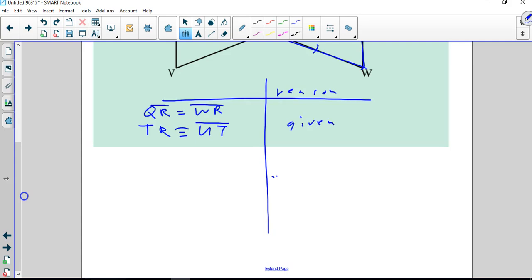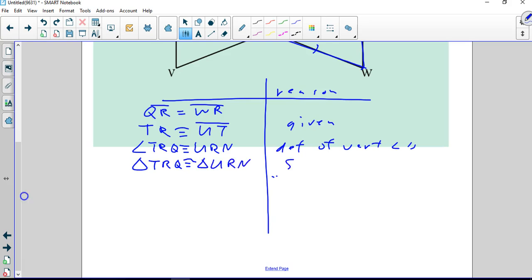And then we said, we mark on our triangles, that angle TRQ is congruent to angle URN. That's a definition of vertical angles. Now, once we have that, we can say the triangle TRQ is congruent to triangle URN by SAS.